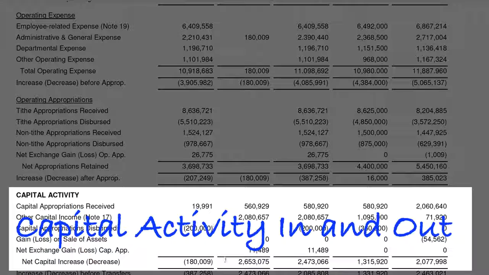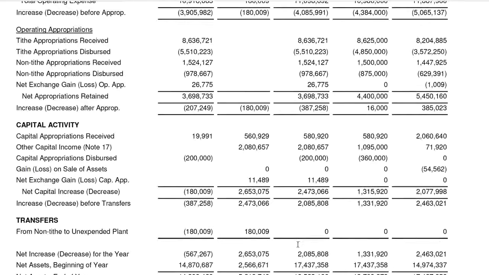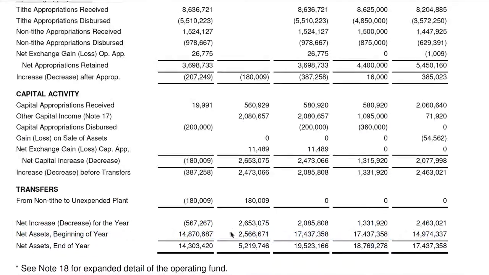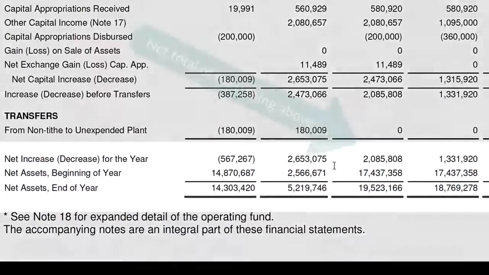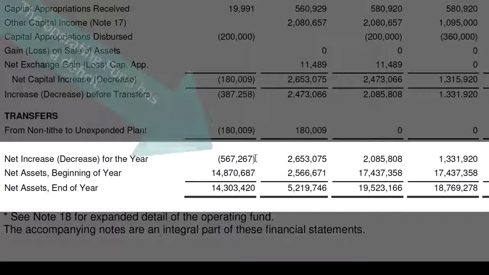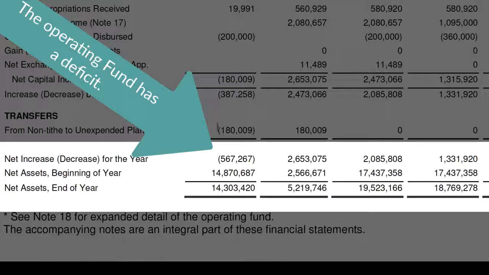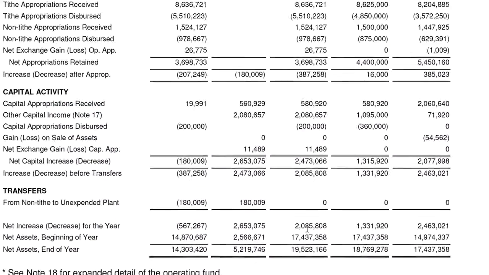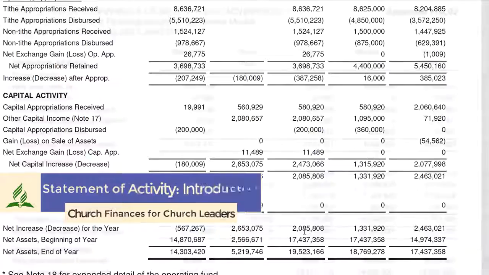Then we have capital activity having to do with our buildings, and we have transfers, which I will explain later, and we have our net surplus or deficit. In this example, you can see in our operating fund we had a deficit and we had a surplus in our plant fund for a net increase of 2 million. So that gets us started on that.